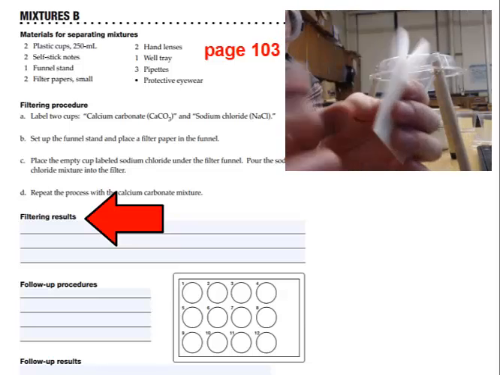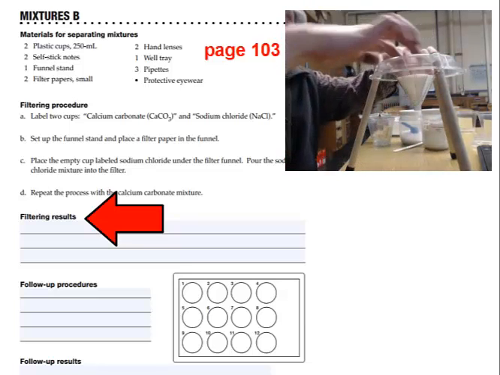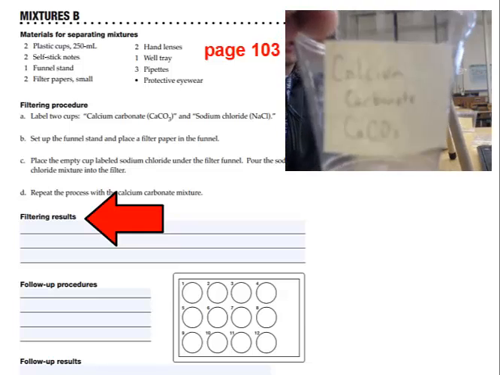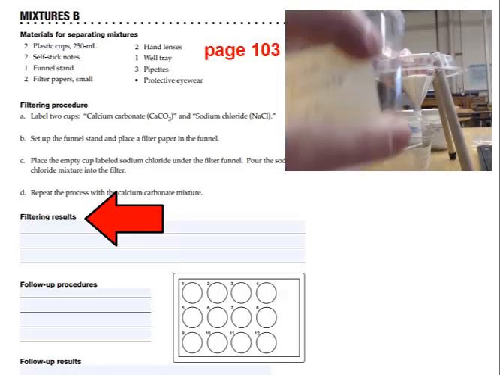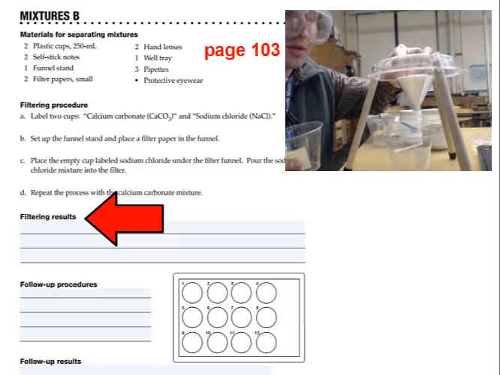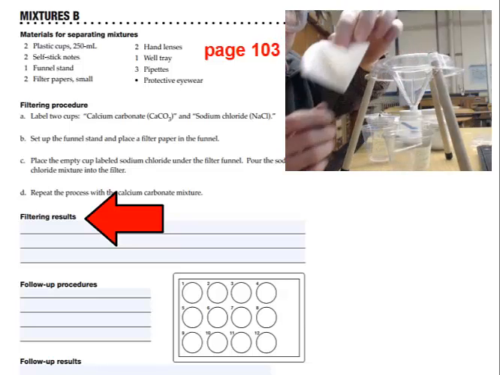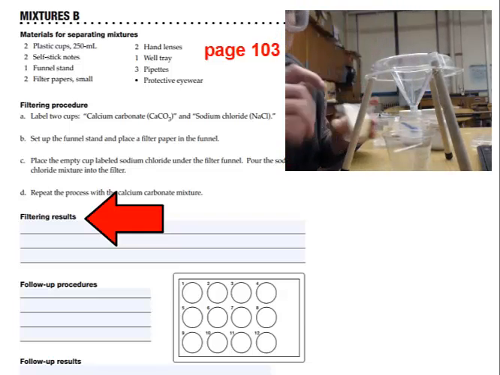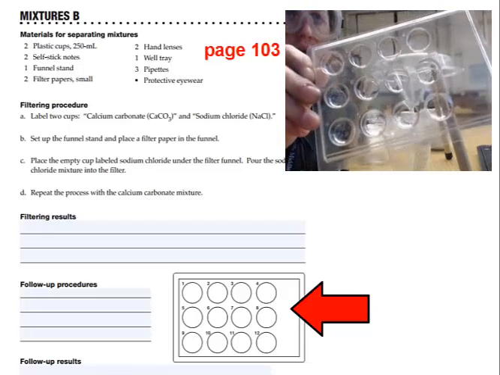Then you will take another piece of filter paper and fold it into the cone, place it into your filter, and you're going to take the calcium carbonate cup and place it underneath the filter, and take your calcium carbonate mixed in liquid and filter this one through your filter system. When you're finished, you should again take your filter paper and put it in the empty cup labeled calcium carbonate for saving it for later.